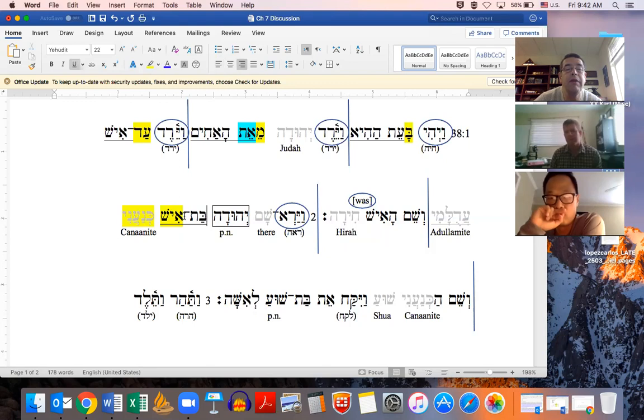Bat ish is indefinite, because remember that in a construct phrase, the definiteness is conveyed by the definiteness of the last noun in the string. Ish is indefinite. So this is an unspecified daughter of an unspecified man. It happens to be that this unspecified man is at least clearly a Canaanite, but I still don't know who he is yet.